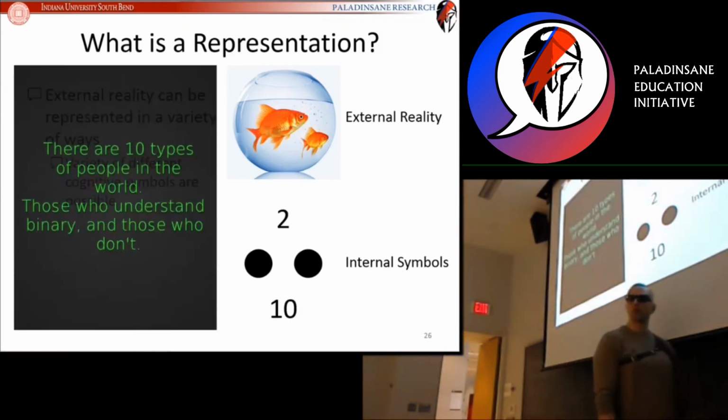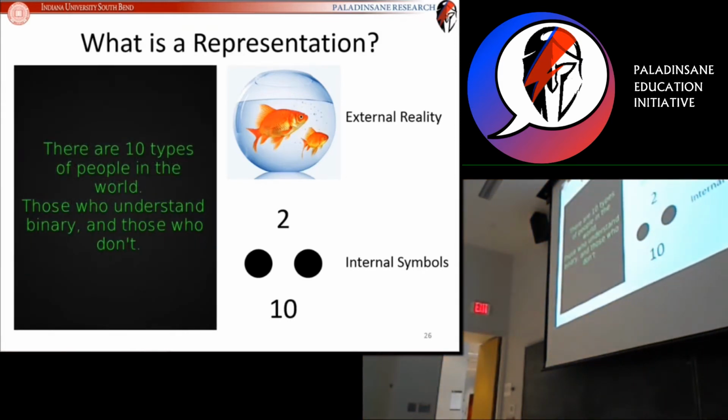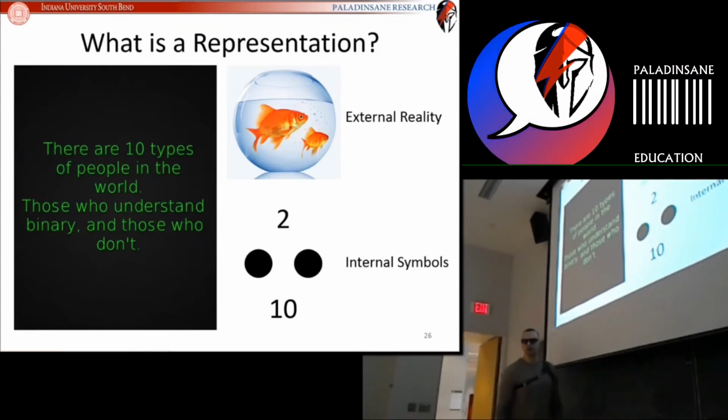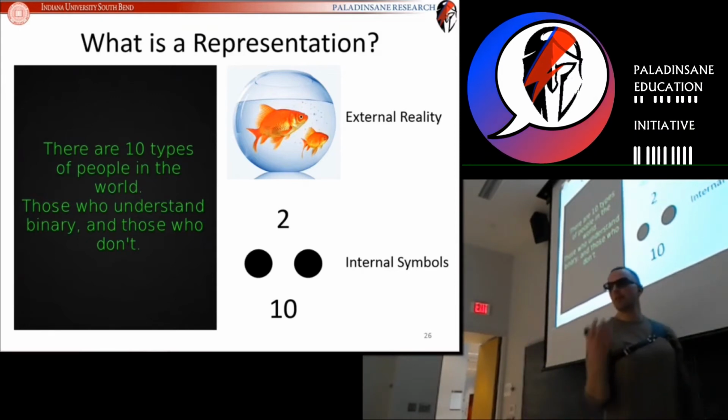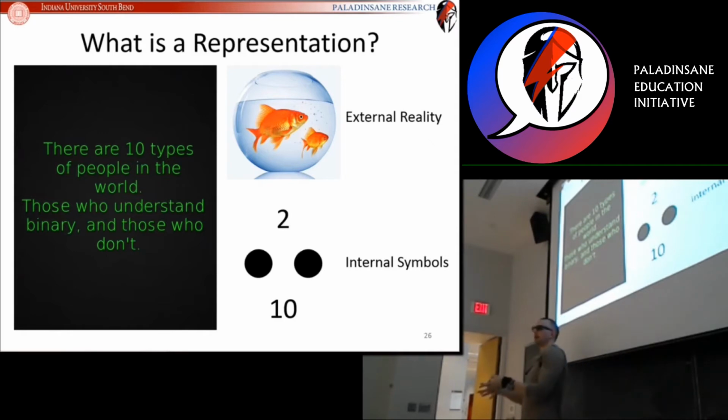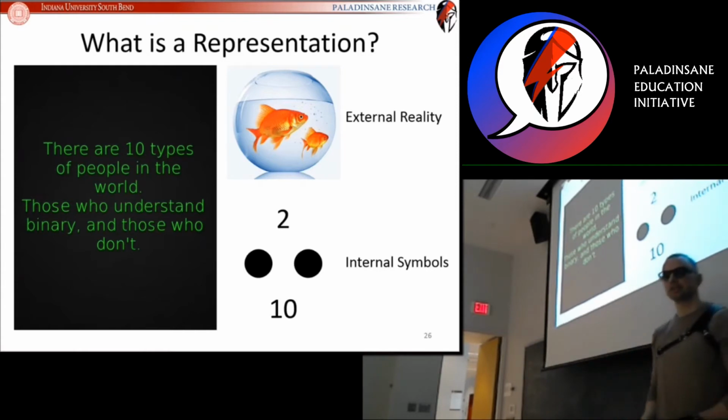And if you're a computer programmer, you'll know exactly why that is an internal symbol for two. So it's quite possible to represent this external reality in a number of different ways. And our mind is going to do it in a specific way. Our human minds are doing this representation in a certain way, and our job as psychologists is to figure out, first off, which way. What is the way that our mind is representing that idea of two-ness?